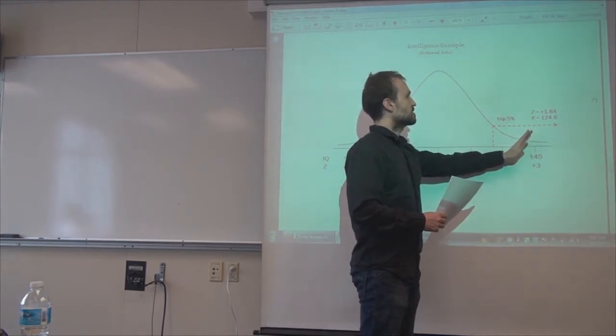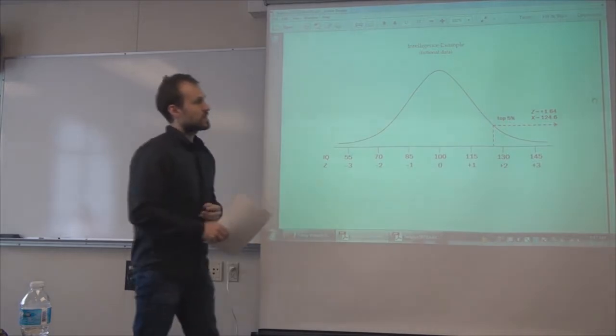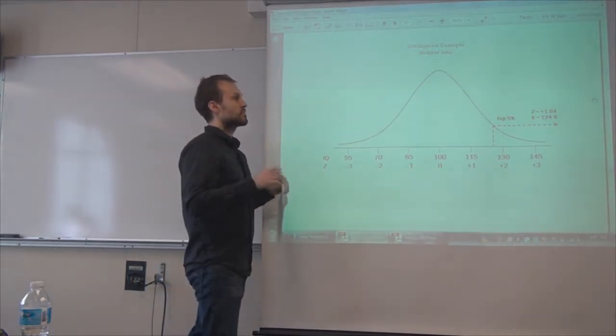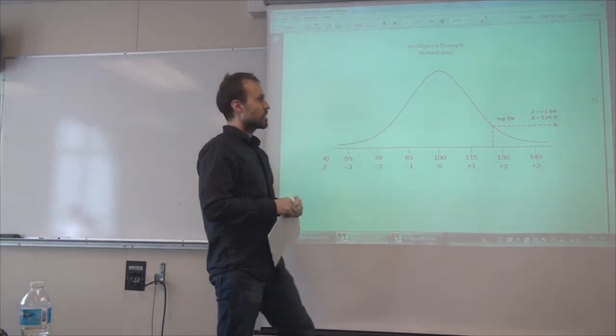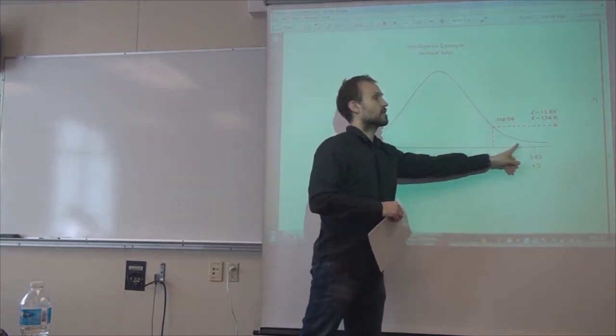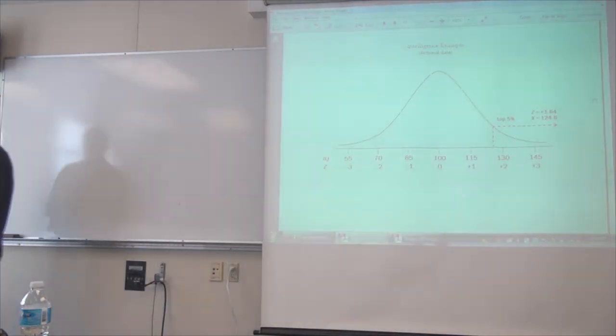So the 1% or the 5% in this diagram indicates the probability that if I choose a random person from the whole population, their intelligence will fall in this area on the right here. That is 5%.